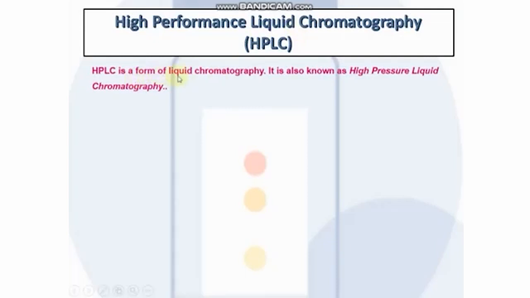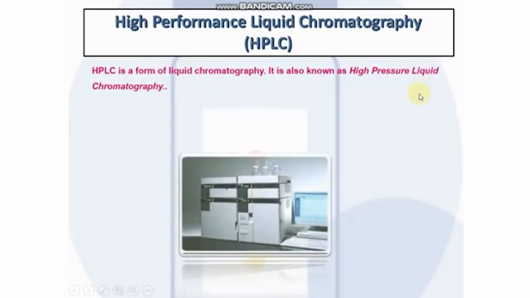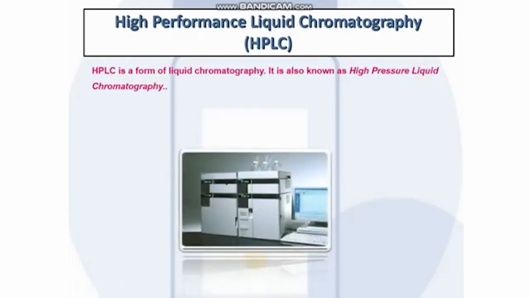HPLC is a form of liquid chromatography. It is also known as high pressure liquid chromatography. HPLC is distinguished from traditional liquid chromatography because its operational pressures are significantly higher.